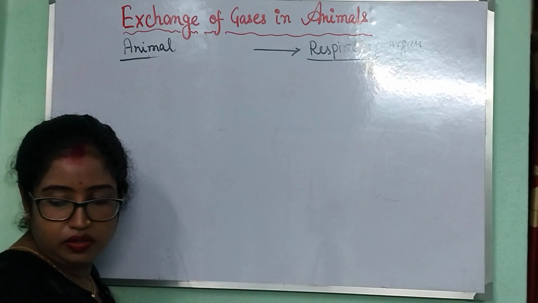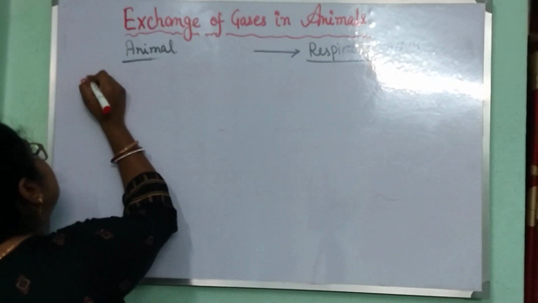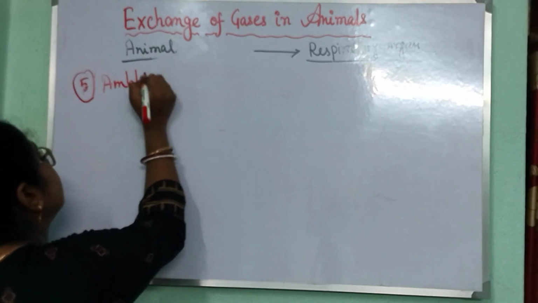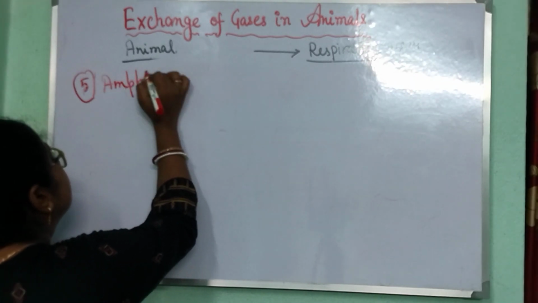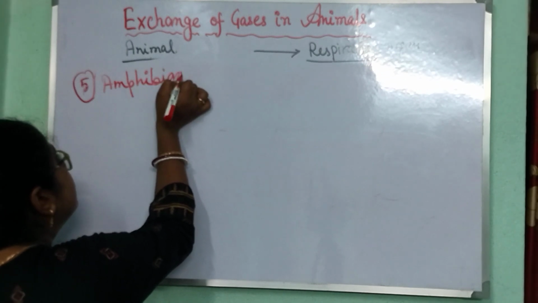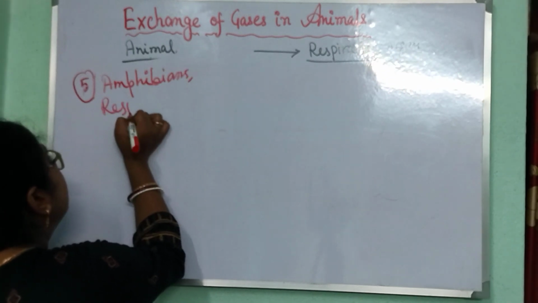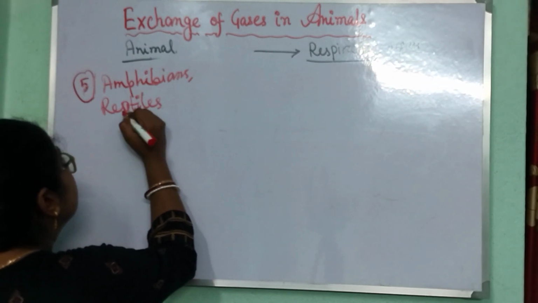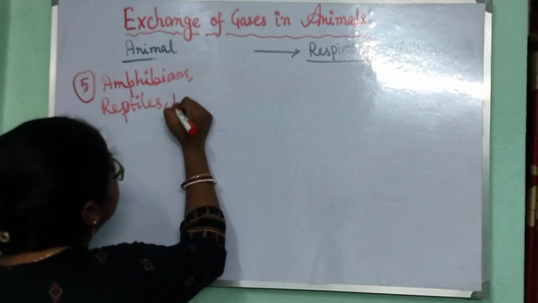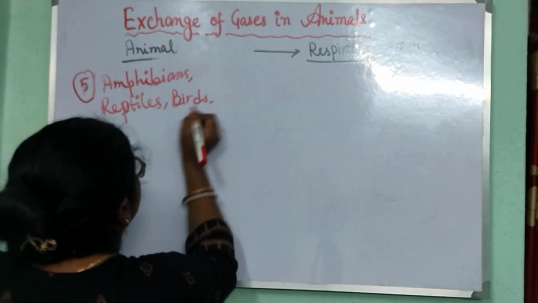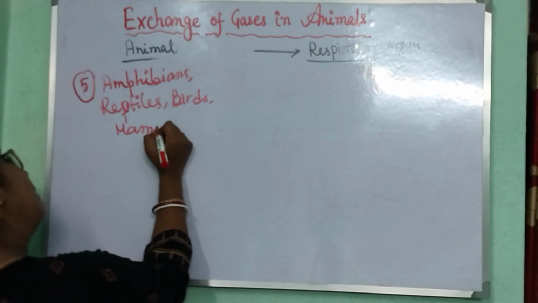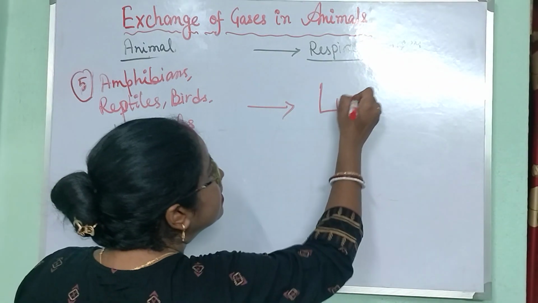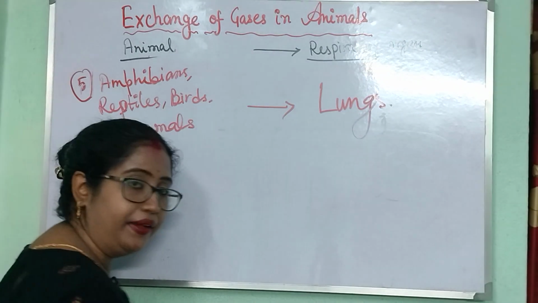So the last group is amphibians, reptiles, then the birds, and mammals. They have lungs as their respiratory organ.